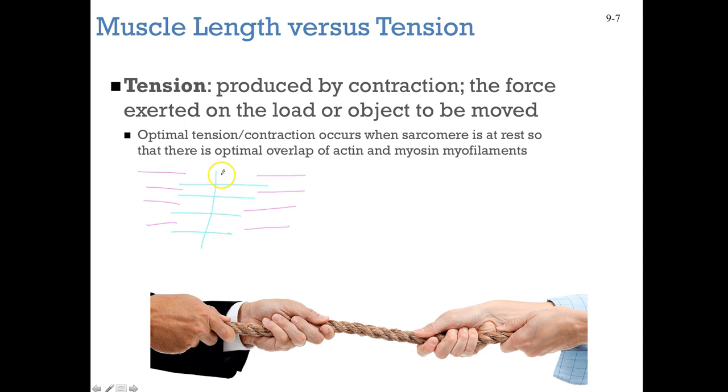Same thing if we changed it, and we made actin really close here to the M line and really overlapping our myosin filaments, that's not going to allow for optimal contraction either. So you kind of want a happy medium instead. So what this is going to be important for is athletes being prepared for what they want their muscles to do, how they want them to be triggered.